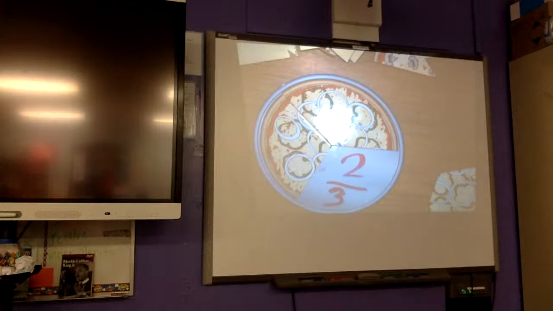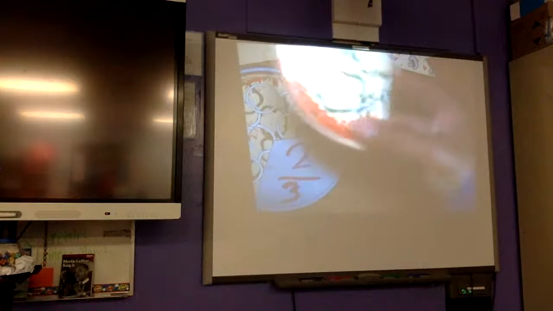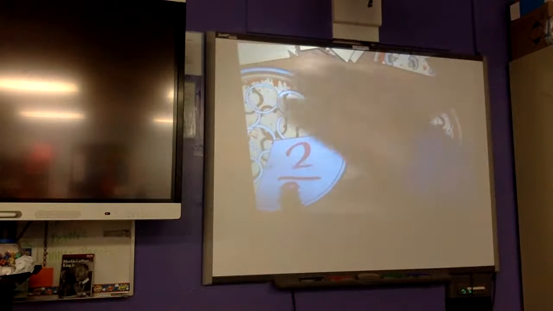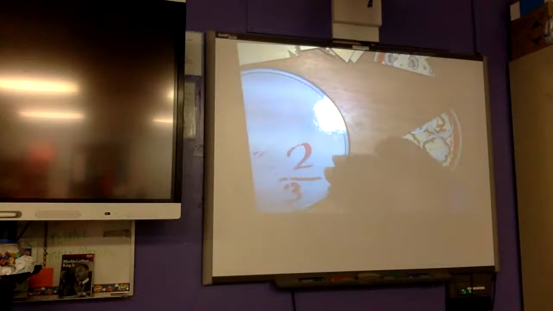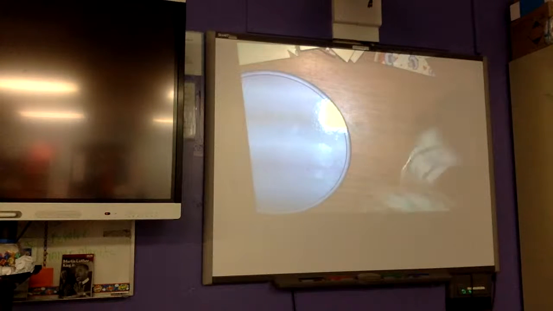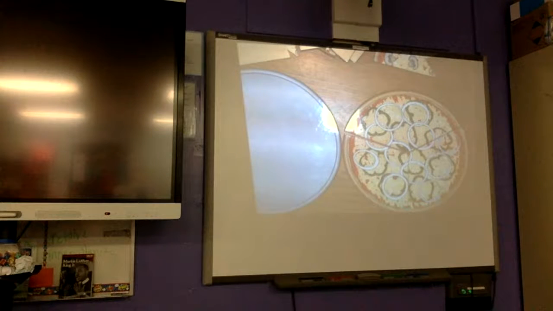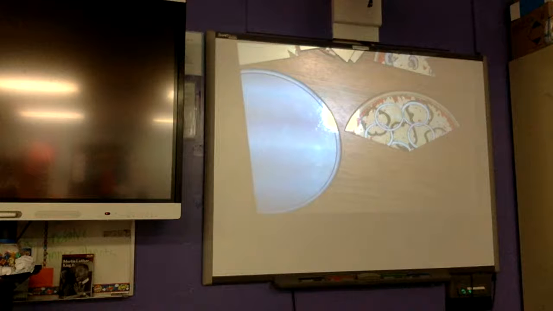If I ate 2/3 of this pizza, what fraction of the pizza is left? Now, take that off the plate. Now, what I want you to do is model for me. So we had 3. Here we go. We had 3. I ate 2/3 of the pizza.